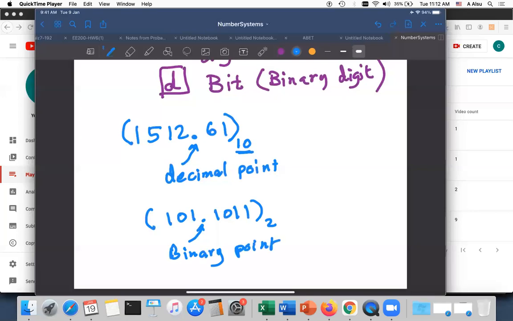And in general, if you have radix r, it's going to be called the radix point. Even this one is called the radix point, because radix point is a general term. Any question about radix point or decimal point?